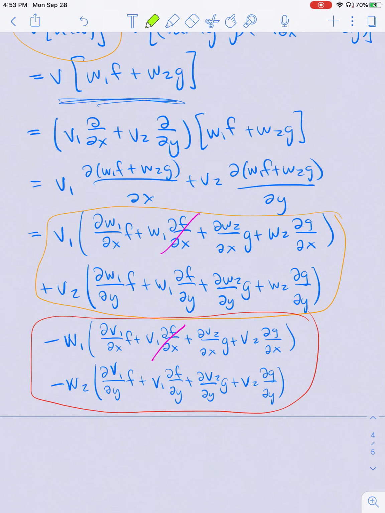Here I see v1 w2 dg/dx, and so that I don't see below. And then I should see a w2 v2 dg/dy, and a minus w2 v2 dg/dy.